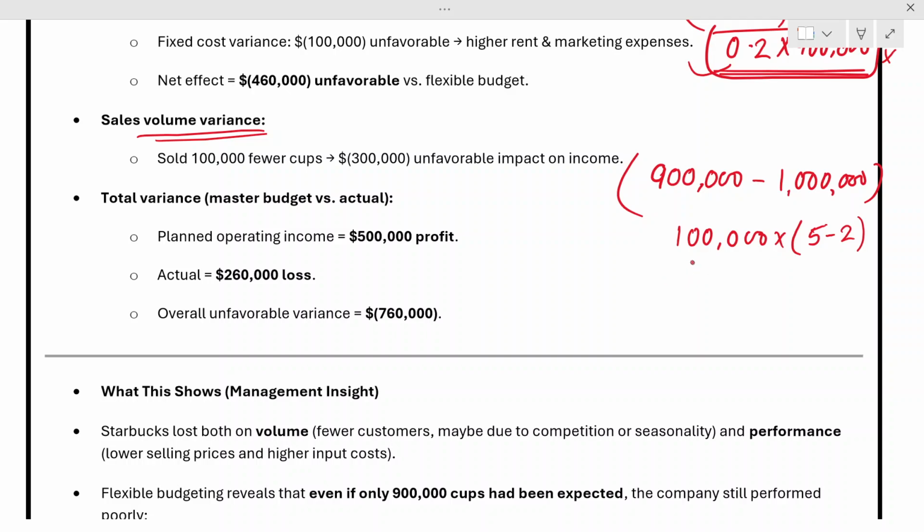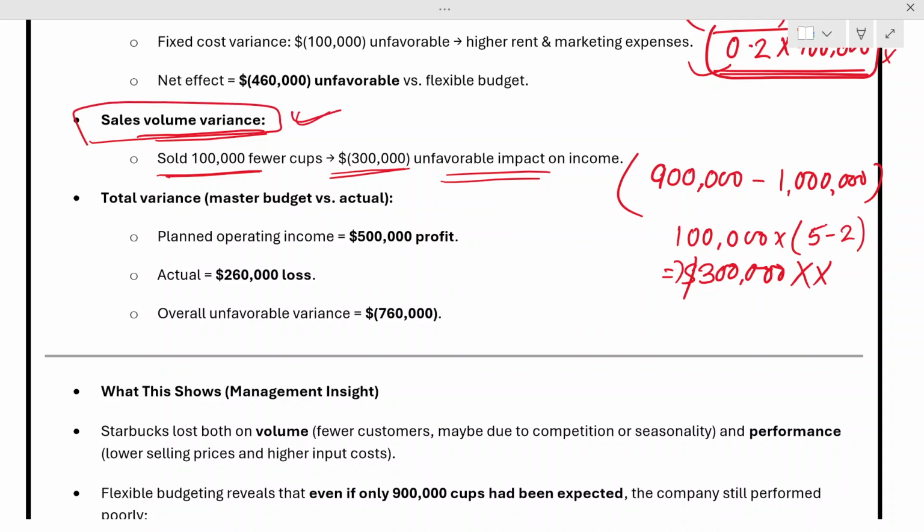So on these 100,000 cups I could have earned a contribution margin of $300,000, but I am unable to earn that. So due to the sale of fewer cups, there is a loss of $300,000 due to unfavorable volume. This is the sales volume variance.